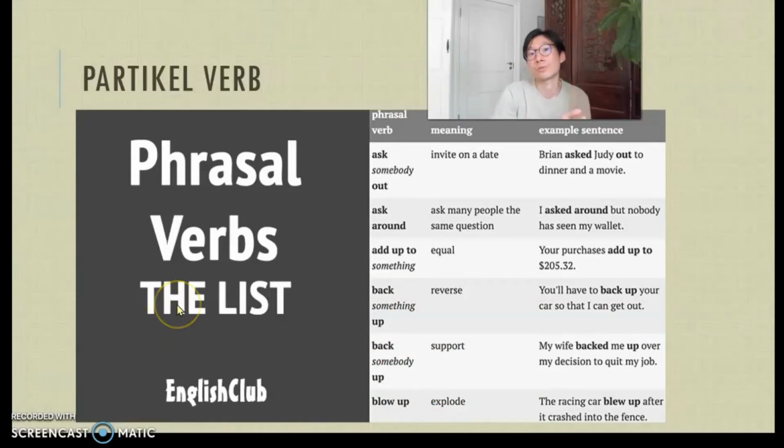It means that they are combined with a verb and a preposition-like part, but the preposition doesn't function as a preposition in this combination. The preposition-like part changes the meaning of the whole verb.